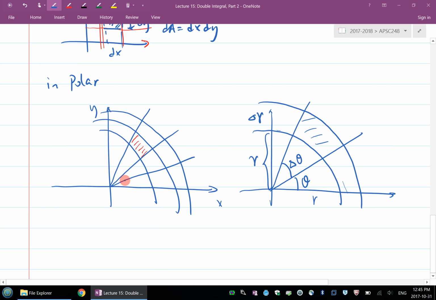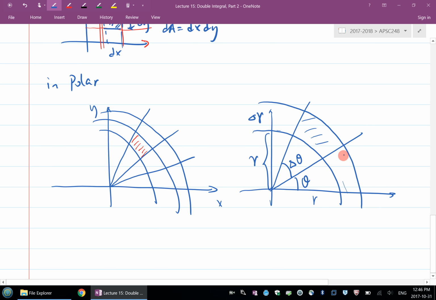If you section your region using very closely clustered radial lines and also these circles, even though those are curves, because they're so small, you can still consider this region as if it's a rectangular region, or parallelogram basically. So bottom line is, you would be able to obtain the area using a rectangle formula, right?